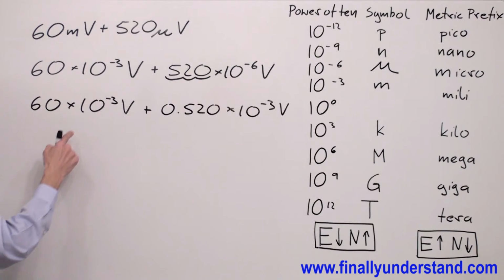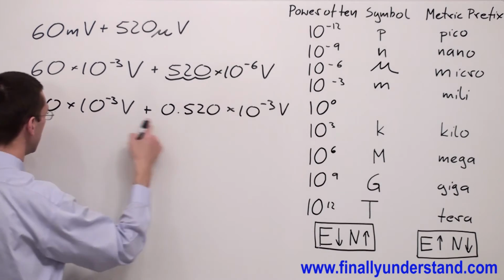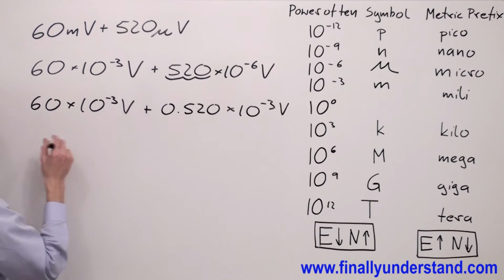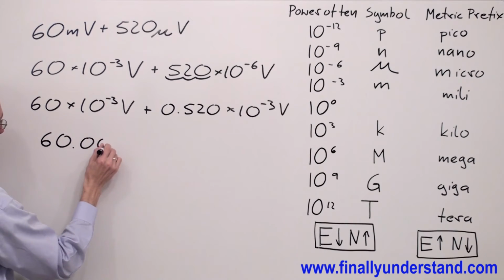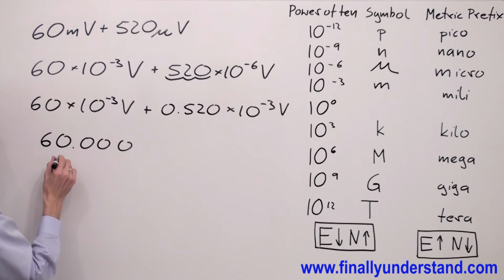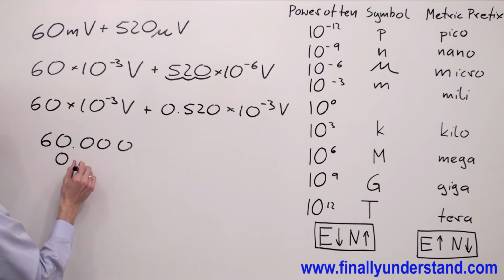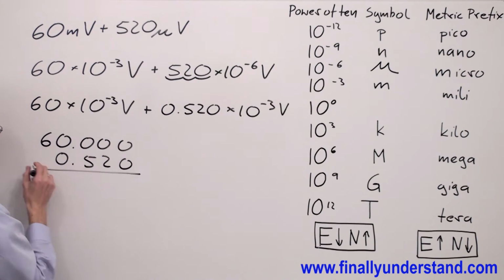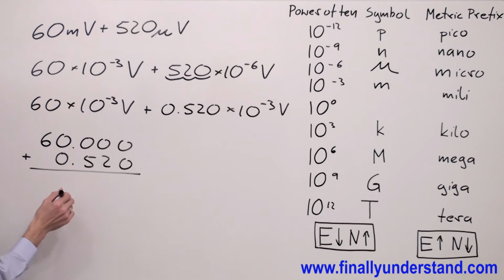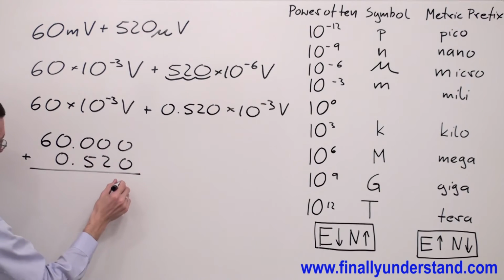Because my powers of 10 are identical, I can add these two numbers. And I have 60.000 plus 0.520. Okay, we can ignore this 0.